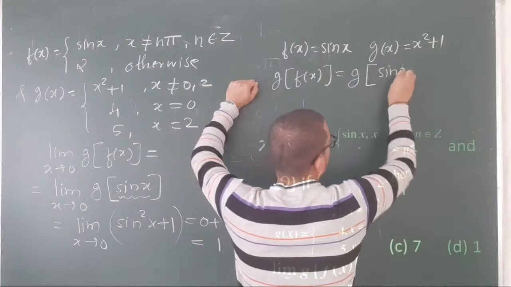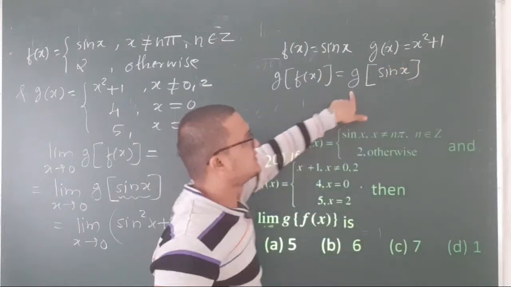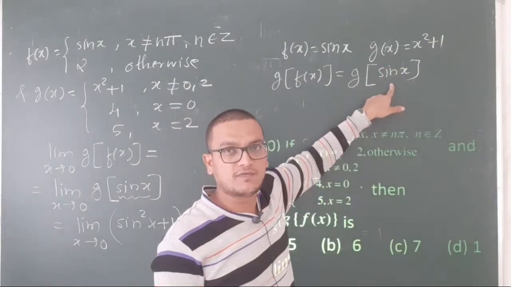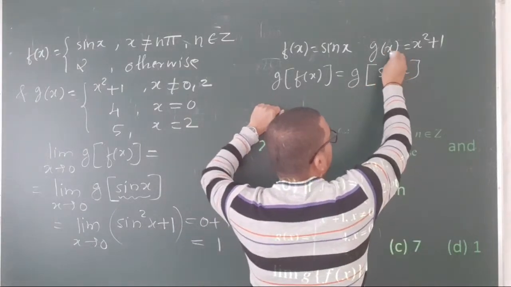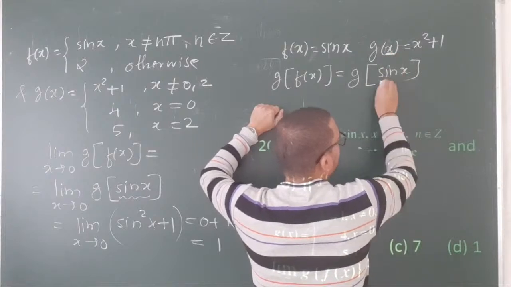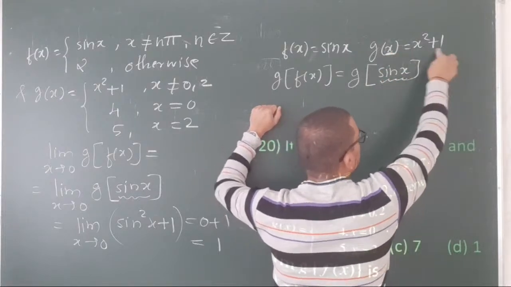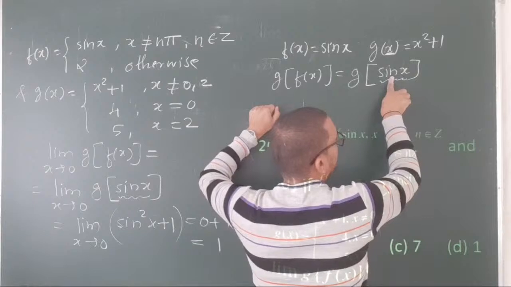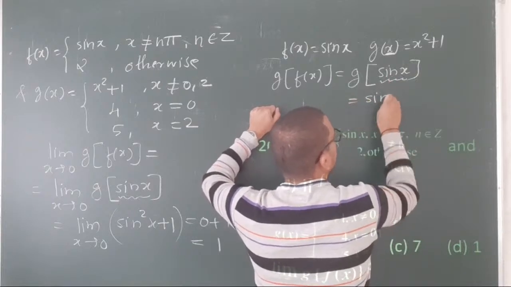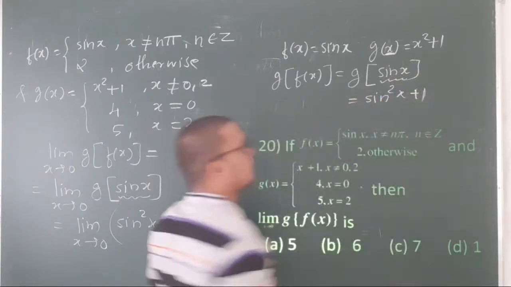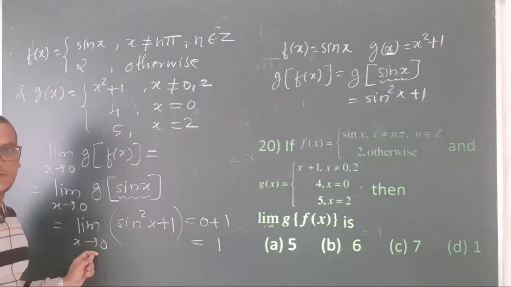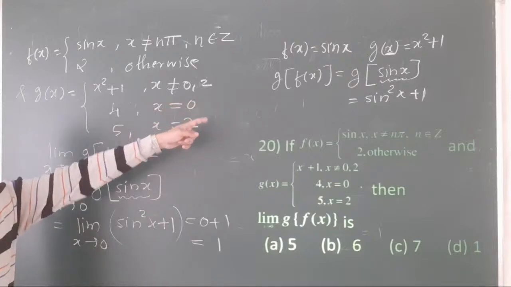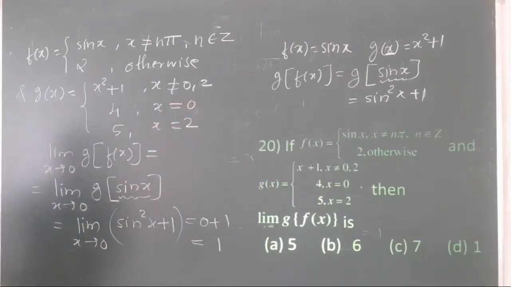Sin x. Now it is g of sin x. g of sin x means what? Apply the definition of g of x. So in the place of x, what we have? Sin x. So in the function wherever x comes, we have to put sin x. So it becomes sin square plus 1, and that is what I have written here. Actually that is a composition function.